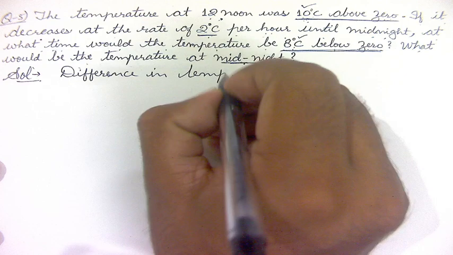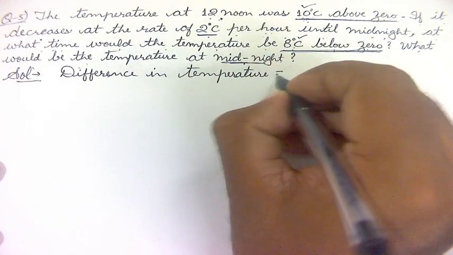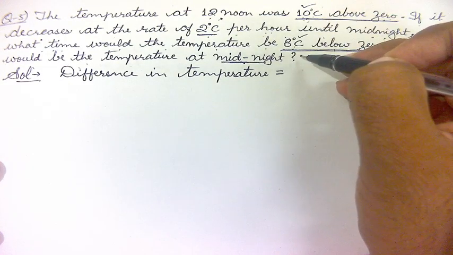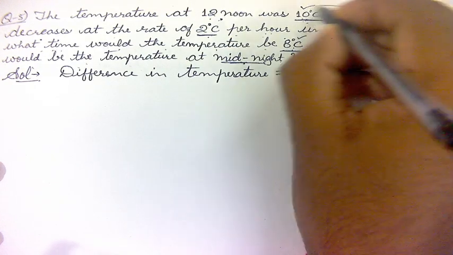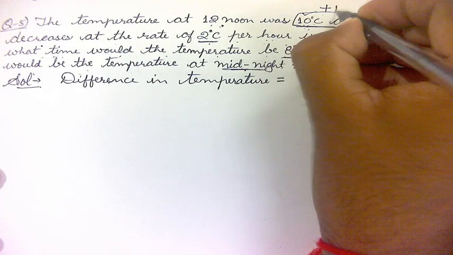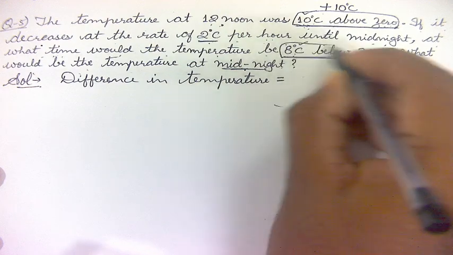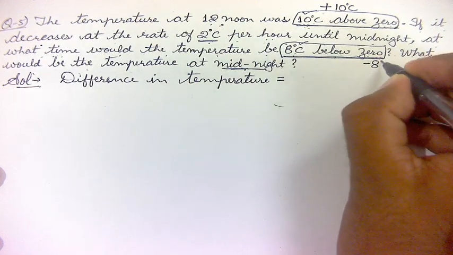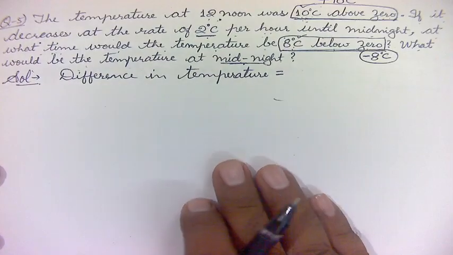Difference means we are going to subtract these. 10 degrees Celsius above 0 means it is plus 10 degrees Celsius, and 8 degrees Celsius below 0 means it is minus 8 degrees Celsius.